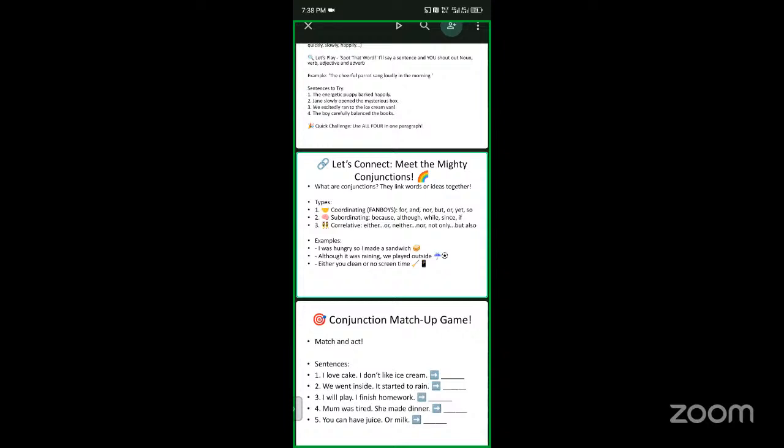All right, subordinating. Give me one with any of those conjunctions listed. Yeah, just give me a sentence and use any of those conjunctions there. Because is one.